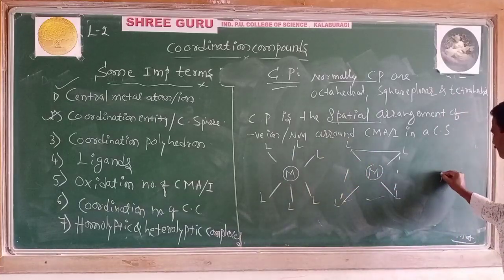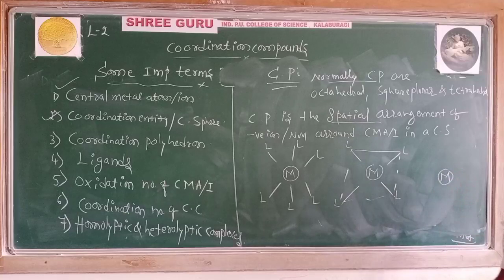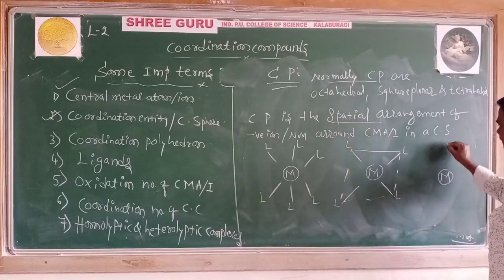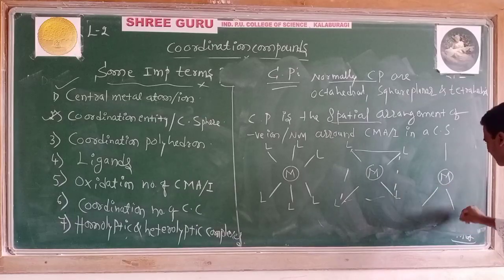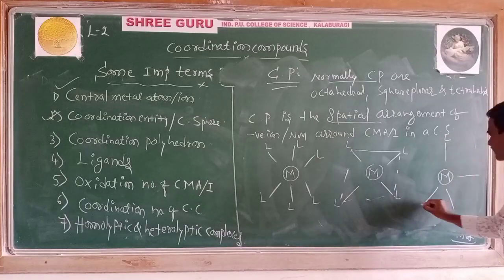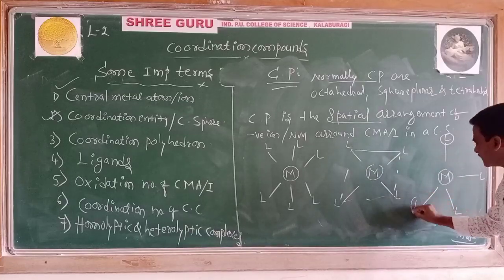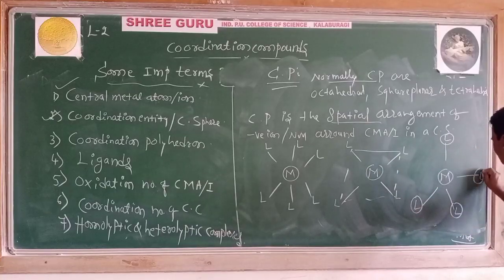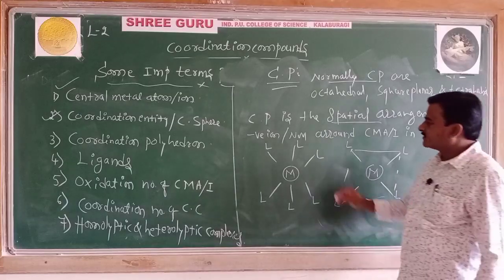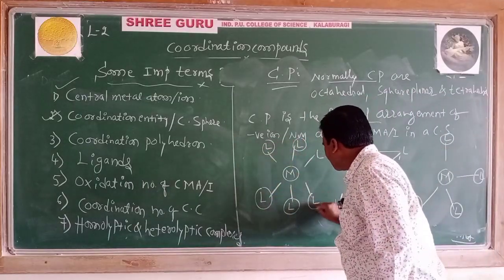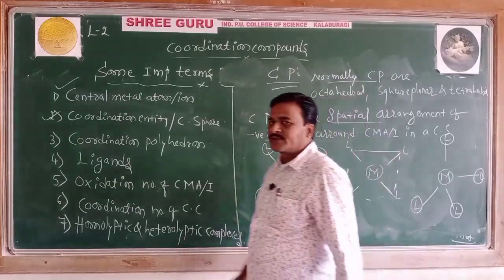Tetrahedral, so M is the central metal atom and four ligands are arranged at the four corners of a regular tetrahedron, like this: L, ligand, ligand, ligand, ligand. So L represents ligands, M represents the metal atom. This is how the coordination polyhedron idea is obtained.